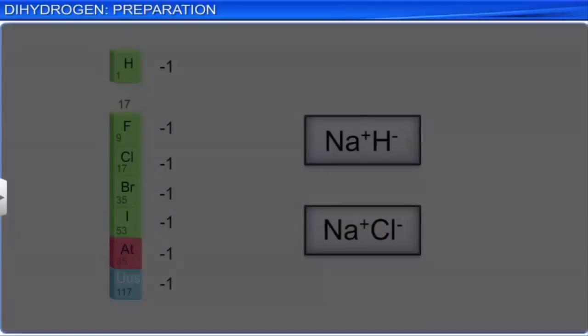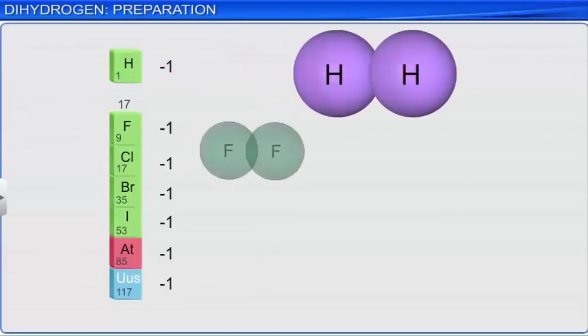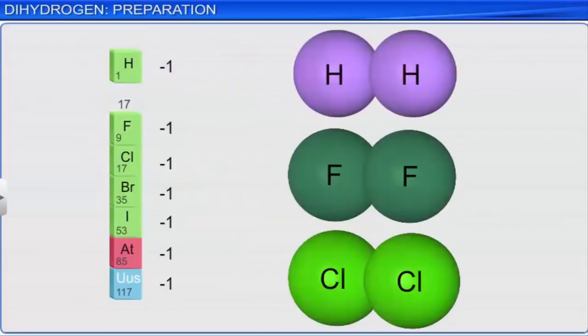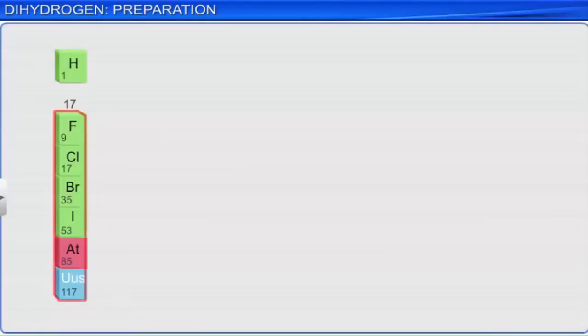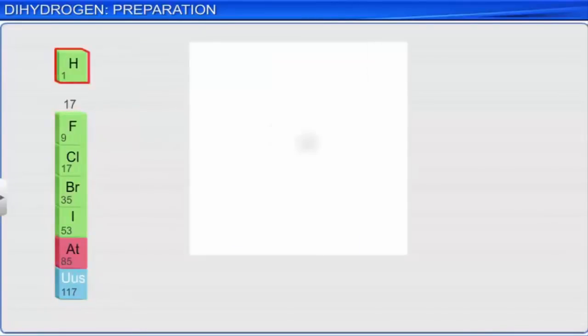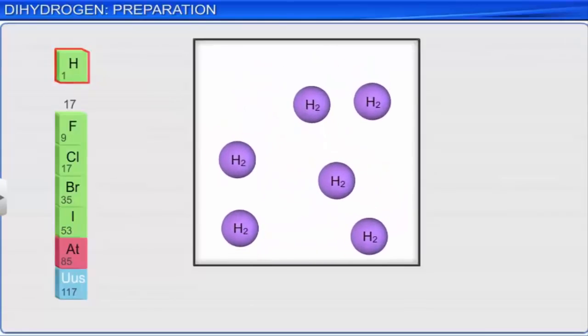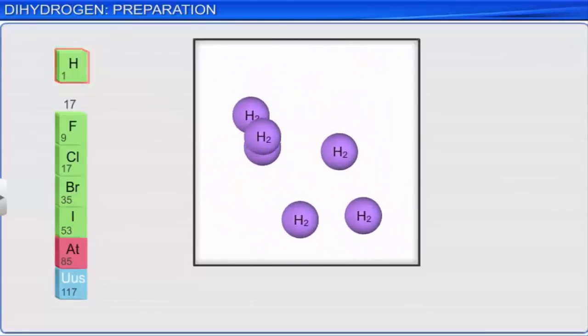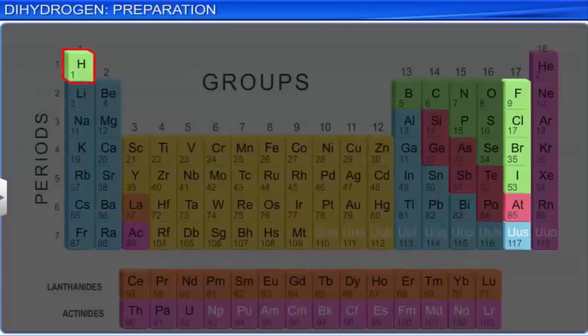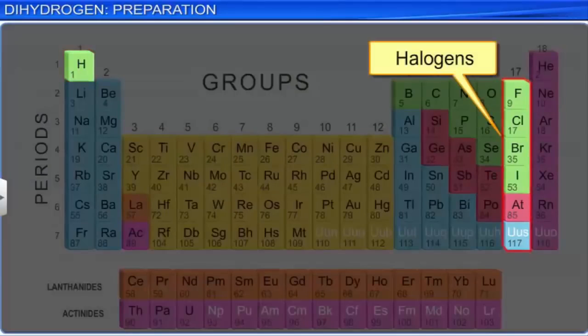The molecules of hydrogen and halogens are diatomic. Like halogens, hydrogen is non-metallic in nature and usually exists in gaseous form. In spite of several similarities with halogens, hydrogen also exhibits behavior that makes it different from the halogens.